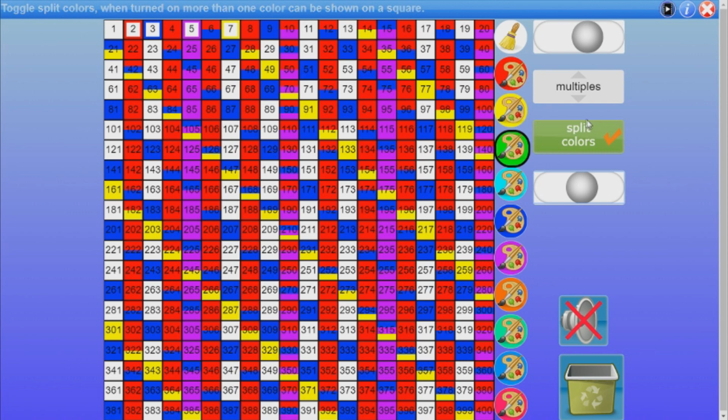Not 11 times 2, not 11 times 3, not 11 times 4. Why not? When was 11 times 4 eliminated? By looking at 2. 11 times 5? No. 11 times 6? When was that eliminated? 2 first, and then 3 just backed it up. 11 times 7?